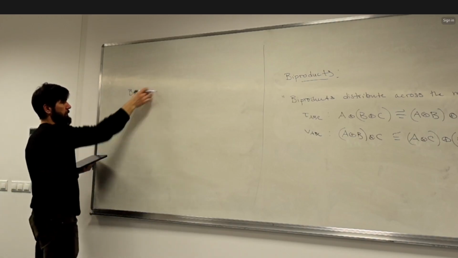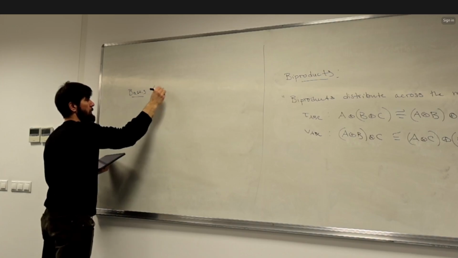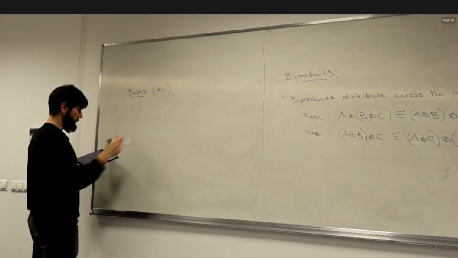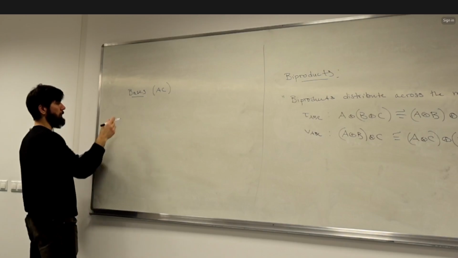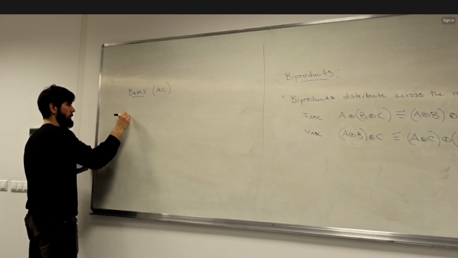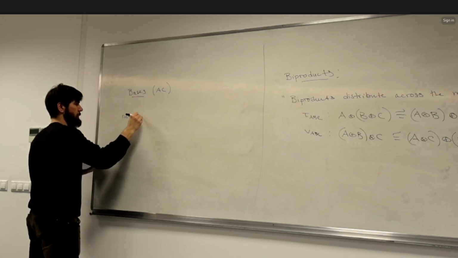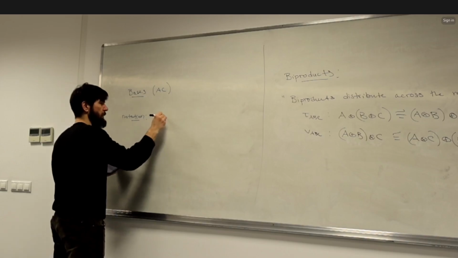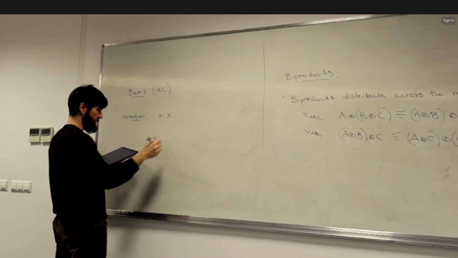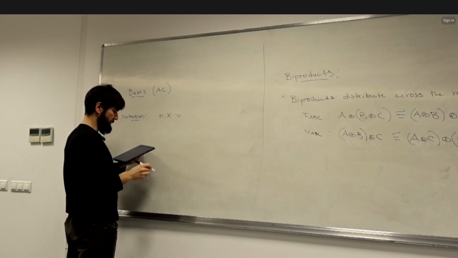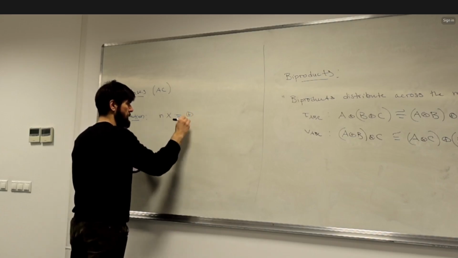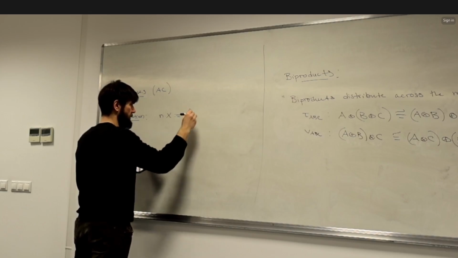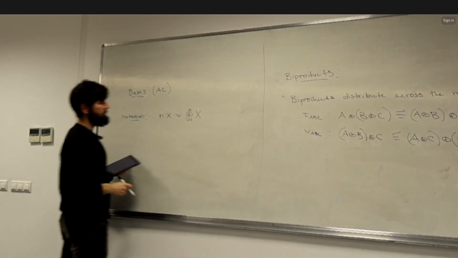This is the notation of Abramsky and Coecke. Actually, let's introduce this particular notation where they say n times x is defined as the direct sum for i equals 1 to n of x.